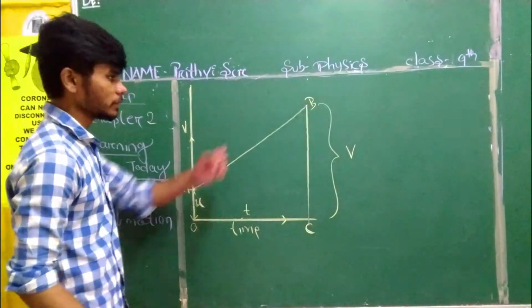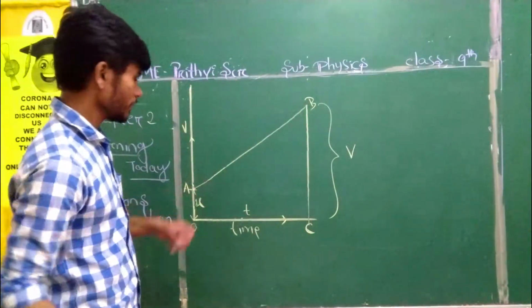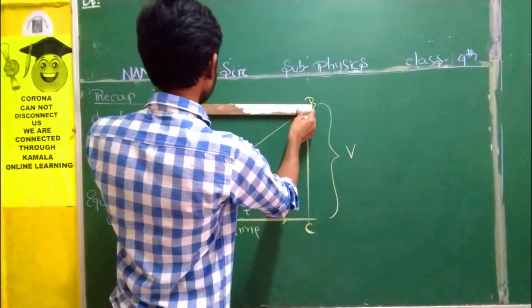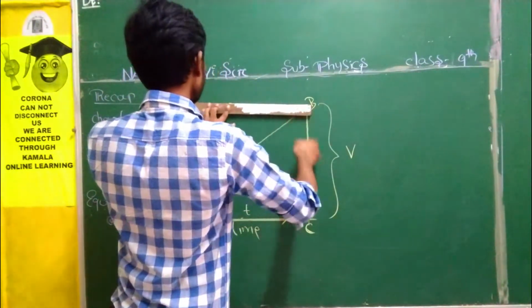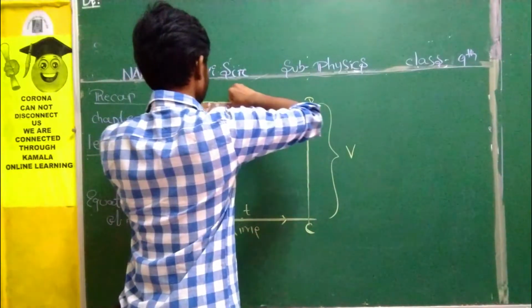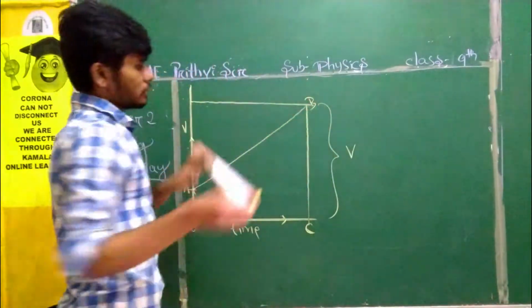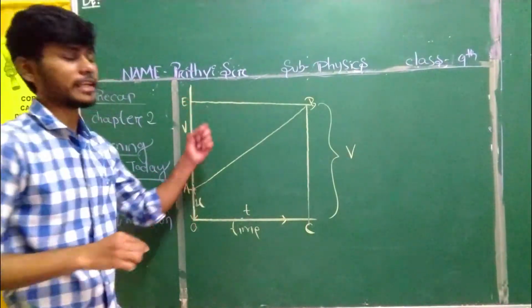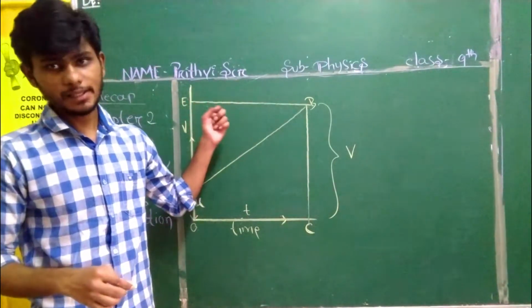What we will do, students, we will draw a perpendicular line along BC, and we will name that BE.